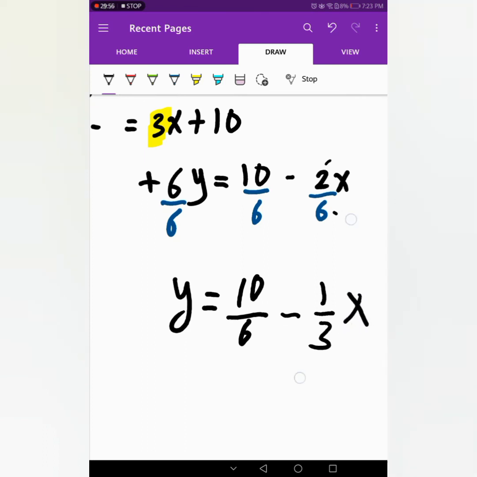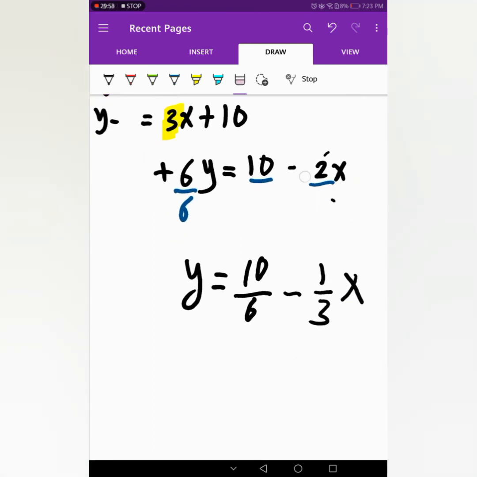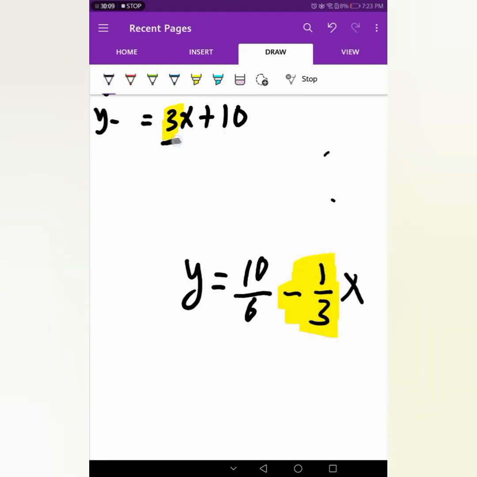So I have to compare now between this equation whose slope is 3 and this equation whose slope is negative 1 over 3. Now I will take this 3 and make my check. I find the opposite reciprocal. 3 is 3 over 1, I flip it, 1 over 3.